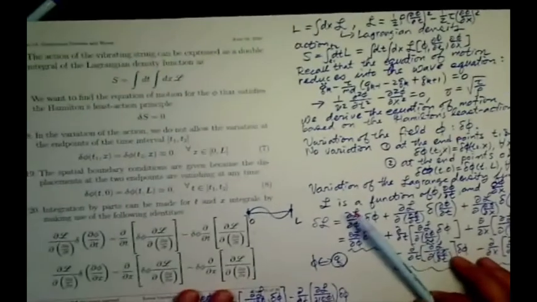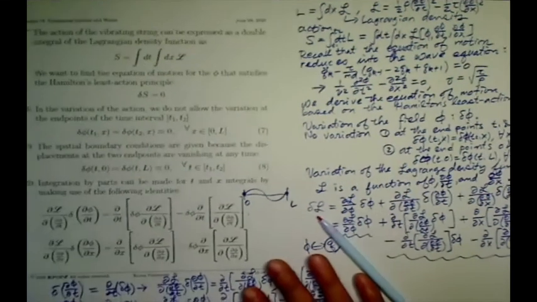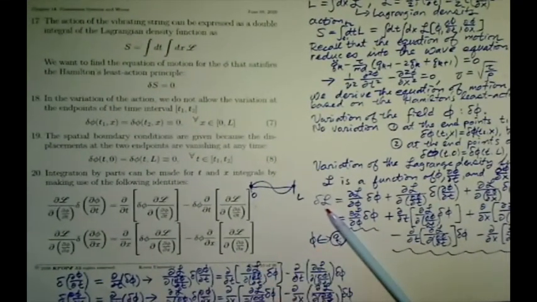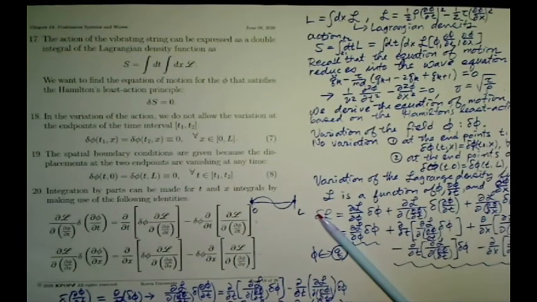Next, we consider the action principle. We recall that by applying the least action principle, we can construct the equation of motion. And that equation of motion was the Euler-Lagrange equation.